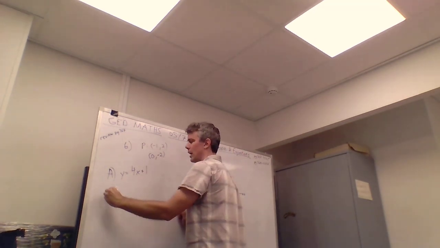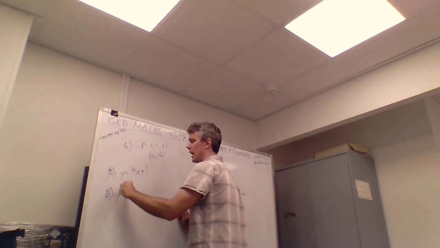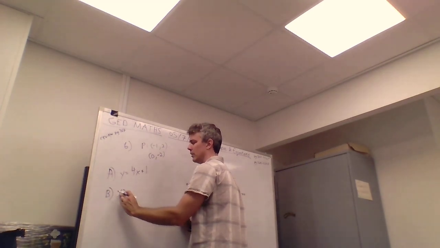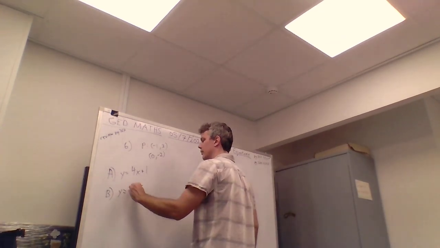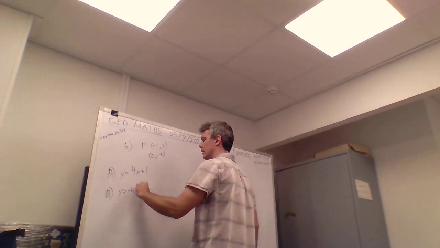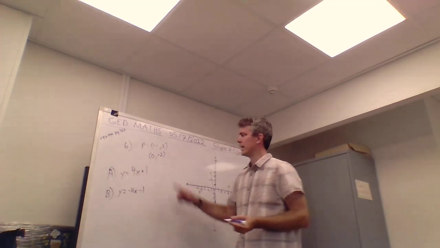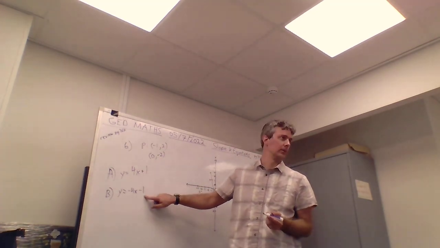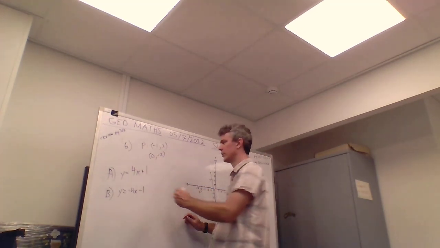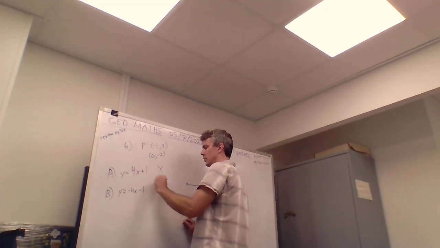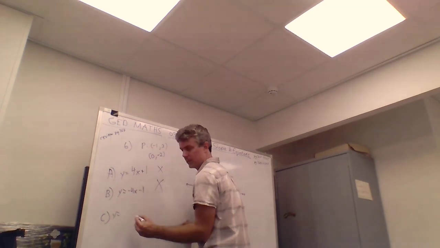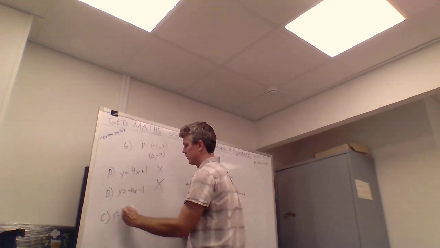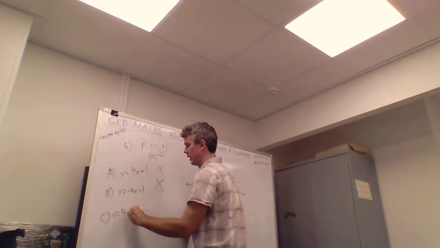So let's try B. B is y equals negative 4x minus 1. X equals 0, what does y equal? Minus 1. Also no. Let's try C. Y equals 4x plus 2.